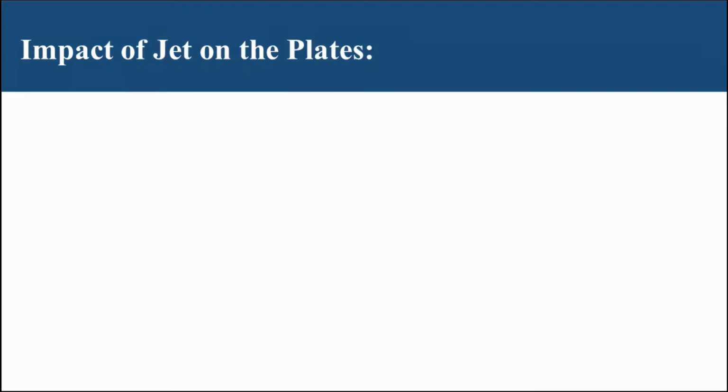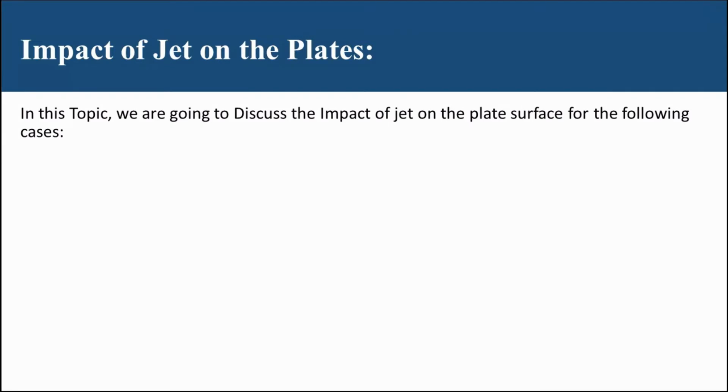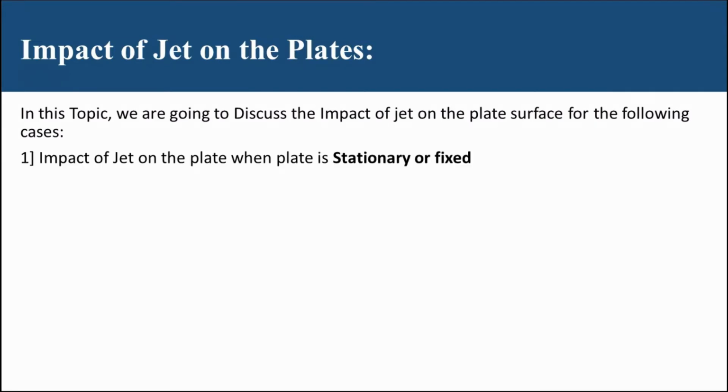Now we will see the different cases which we are going to cover in this topic. In this lecture we are going to cover the impact of jet in different cases. The first case is a stationary or fixed plate, meaning the plate is not moving and the jet of water strikes it.